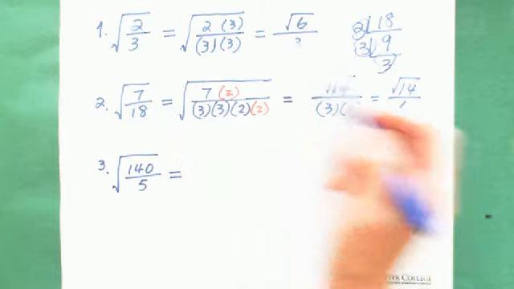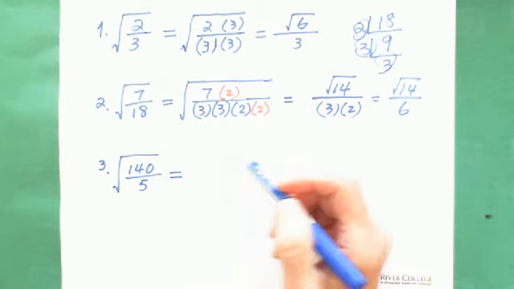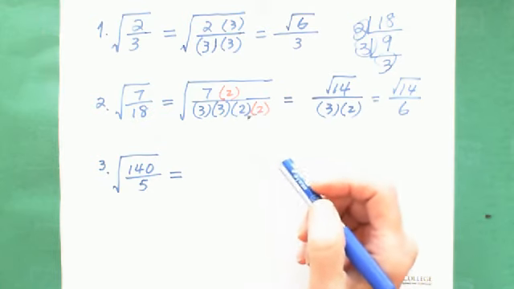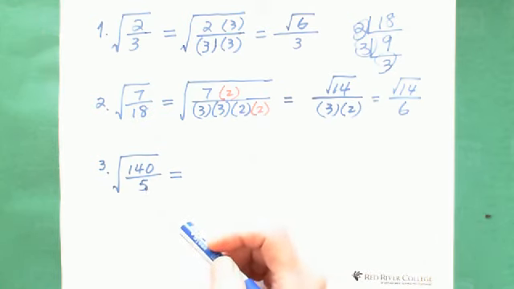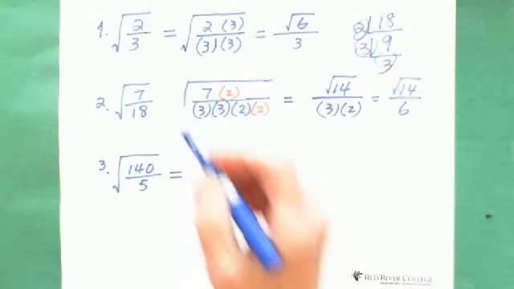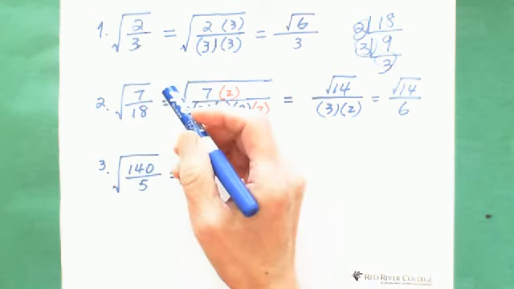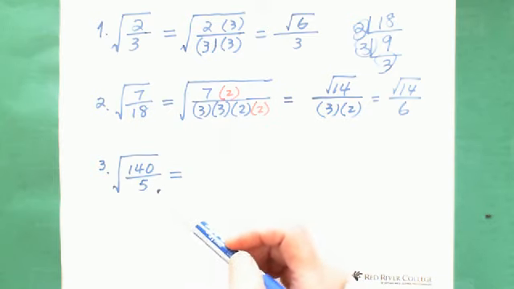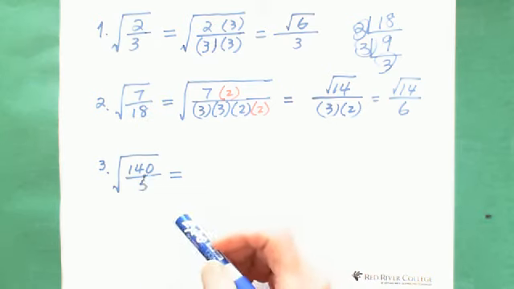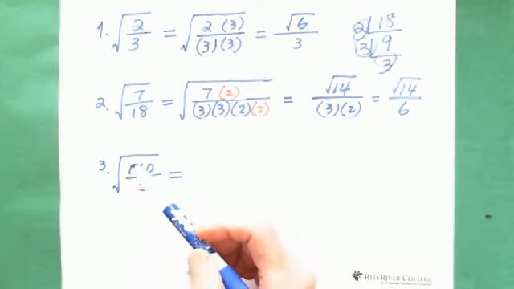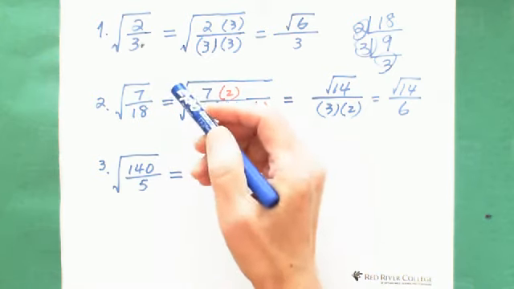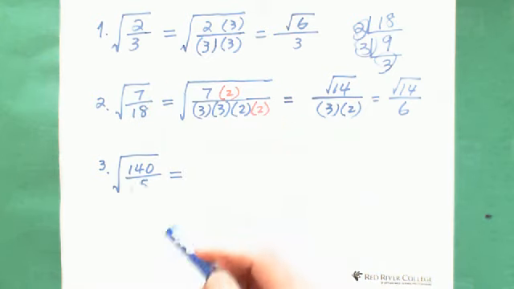For this one, the bottom is 5, so which way do we do it? We could multiply another 5, but before you do this, pay attention: is the fraction inside simplified? 2/3 was already simplified, 7 over 18 was simplified, but 140 over 5 is not simplified yet.